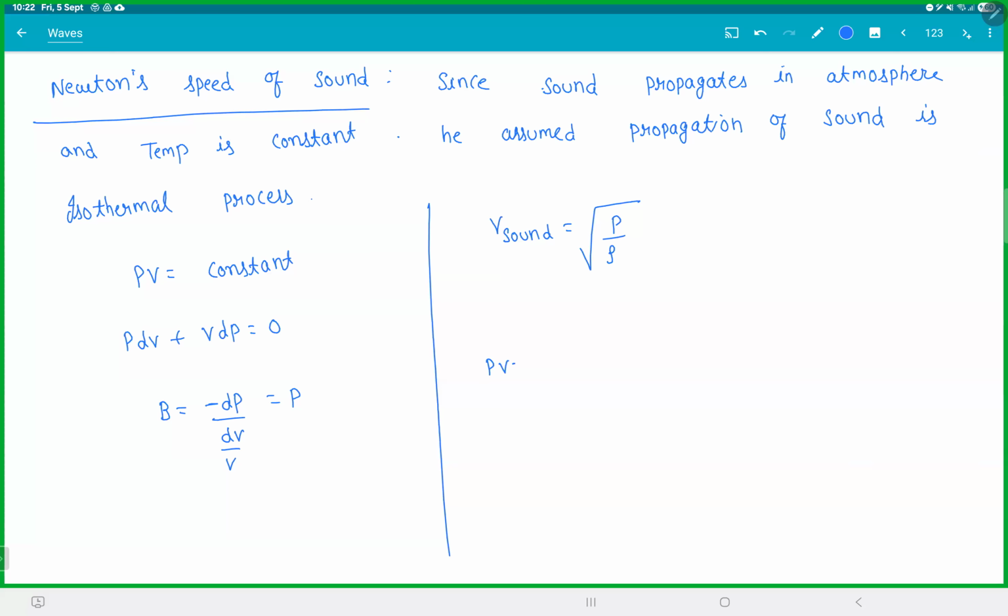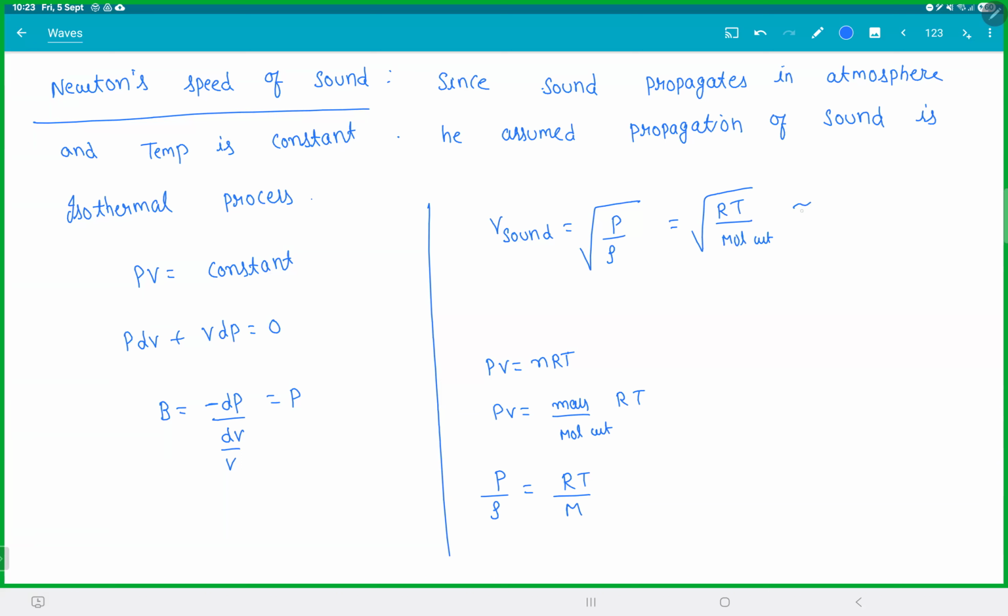And we know from the ideal gas equation, PV is equal to nRT, which is mass by molecular weight times RT. Mass by volume becomes density. So you get P by rho is equal to RT by molecular weight. So this formula becomes root over RT by molecular weight.